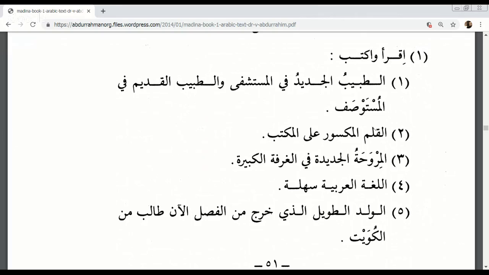Aywa, min al-Hind. In the book it says, or on the PDF it says min al-Kuwait, from Kuwait. However, in the book it says min al-Hind, from India. Okay, good. So the boy, the tall boy who went out from the classroom just now is a student from Kuwait, or if it's from the book, a student from India. Okay, well done, sisters.